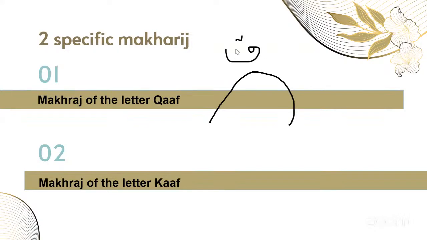So the 8th area will be the starting point for the makhraj of the letter qaf. That means the 8th is the starting point of the soft palate. The back of the tongue has to raise and touch the soft palate from the 8th area till what we did yesterday for the ghain and the kha.